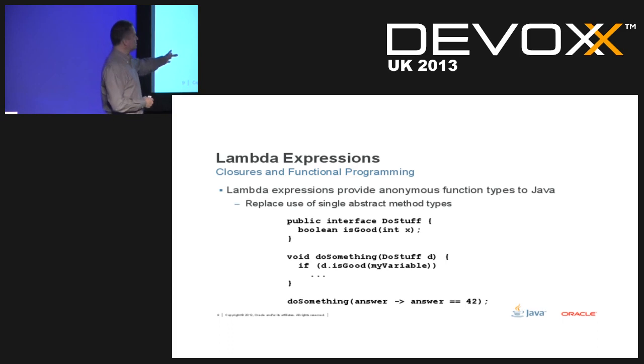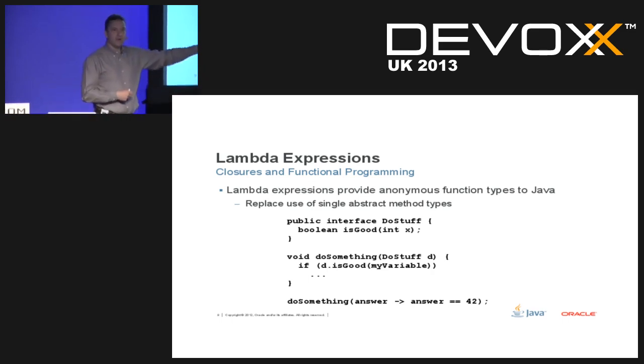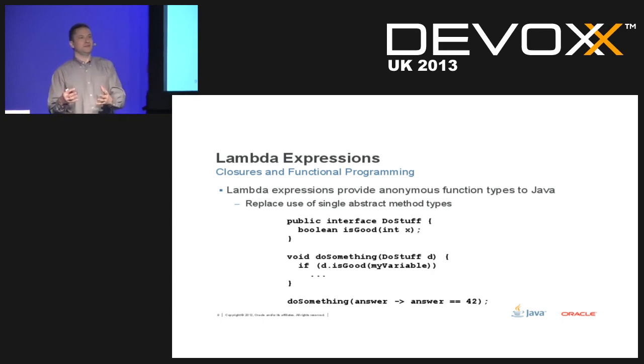So in the last line here, I'm going to call my method doSomething, but rather than creating an object, maybe using an anonymous inner class which implements the interface doStuff, I'm going to create a Lambda expression. The left-hand side of the arrow is the parameter that's being passed to the method, and the right-hand side of the arrow is the body of the method.